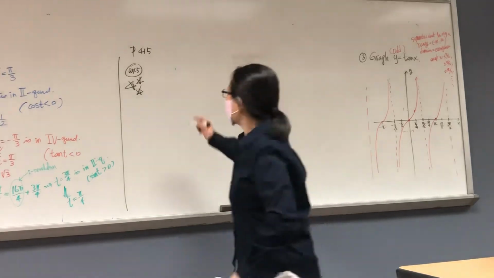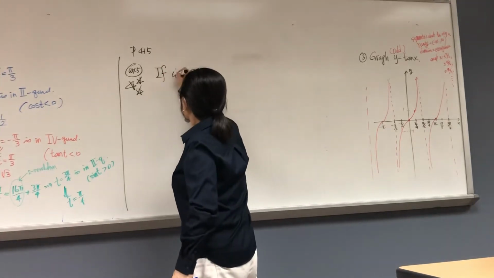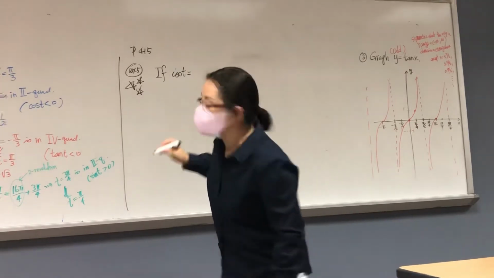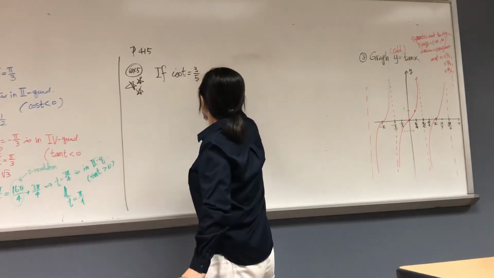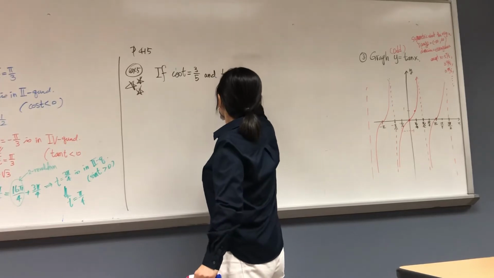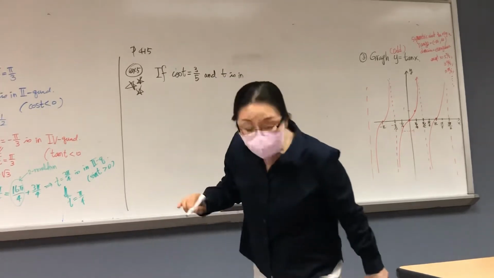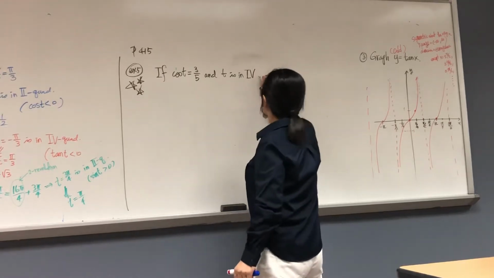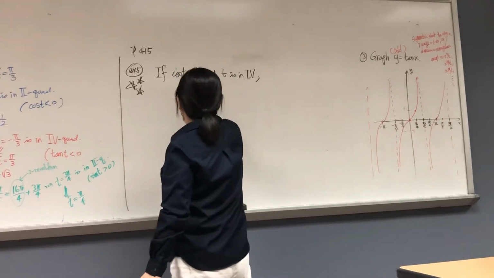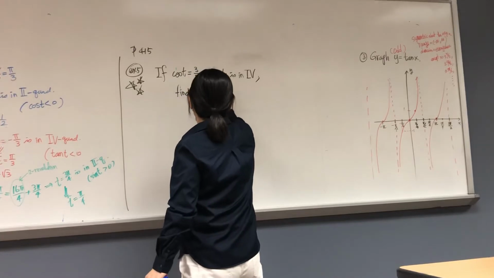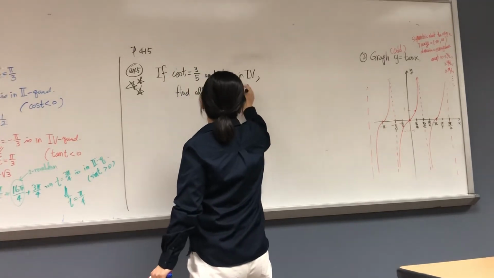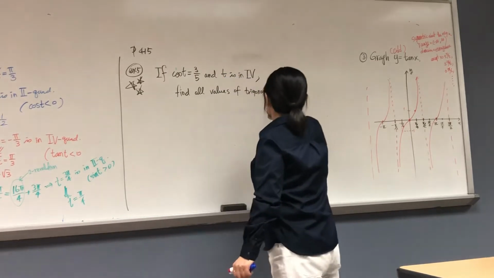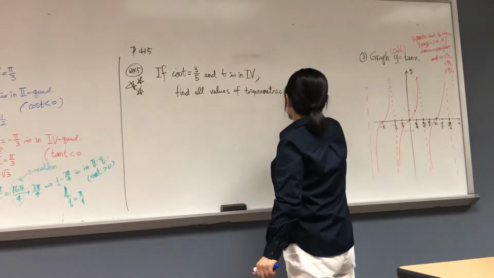What if cosine t equals 3 over 5 and t is in the fourth quadrant? Find all values of trigonometric functions.